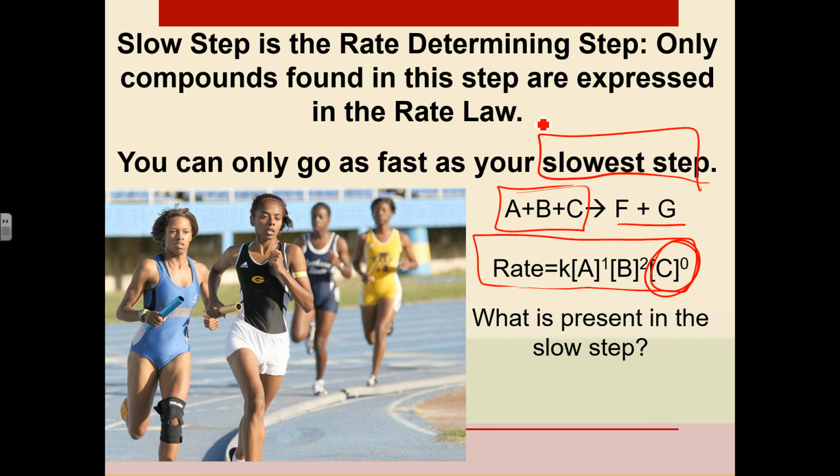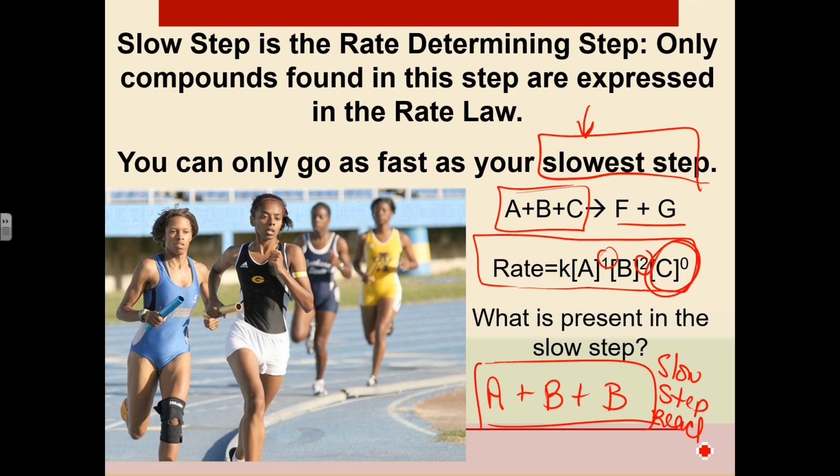If you want to increase the rate of your reaction, you have to work on increasing the collisions in the slow step so that the reaction can go faster. So if I were to look at this and figure out what is present in the slow step, I would know that there would be 1A plus 2B's in the slow step of the reaction as reactants.